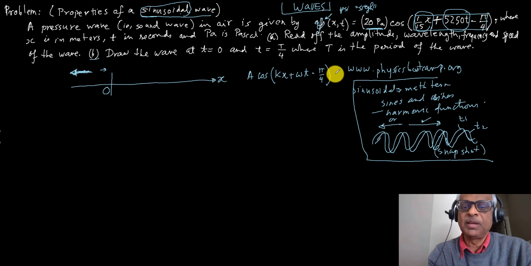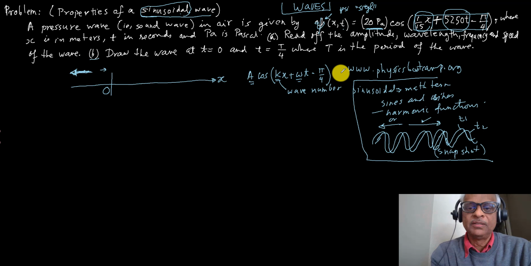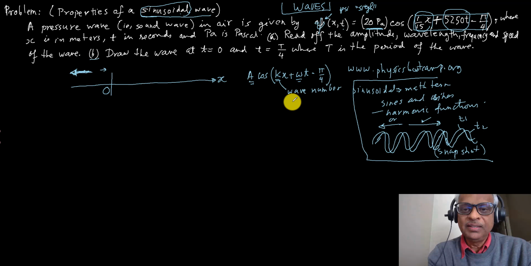That's the way I can read off: this is the amplitude, this is the wave number, this is the angular frequency. The wave number is related to wavelength; it's the inverse of wavelength. k times the wavelength will be 2 pi.